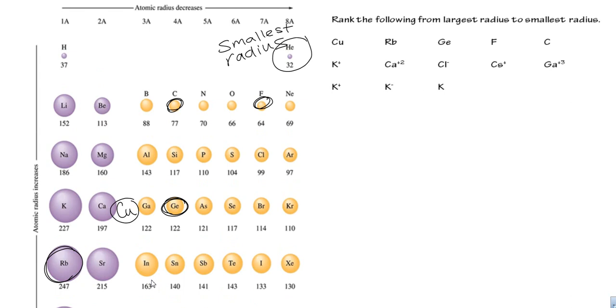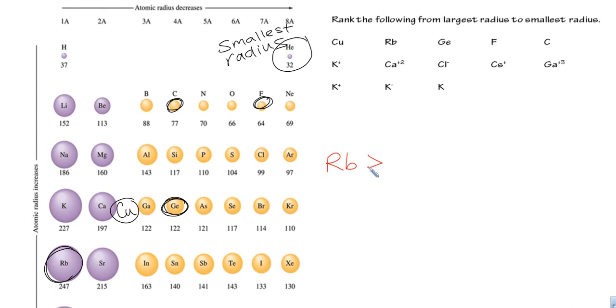So now as you locate these atoms and you have to rank them, we're going from largest to smallest. You want to go closest to francium, all the way up kitty corner to closest to helium. Oh, well now this isn't so bad. So the largest is going to be our friend rubidium. Next in line, I've got to compare copper and germanium.